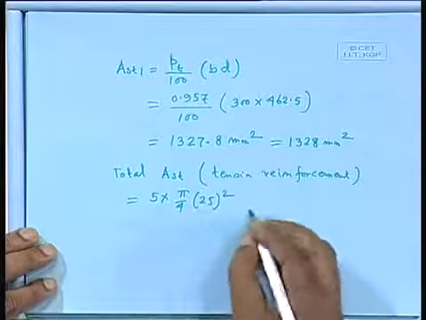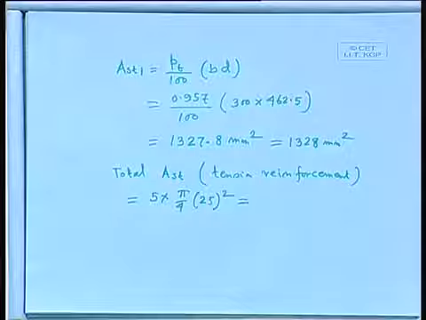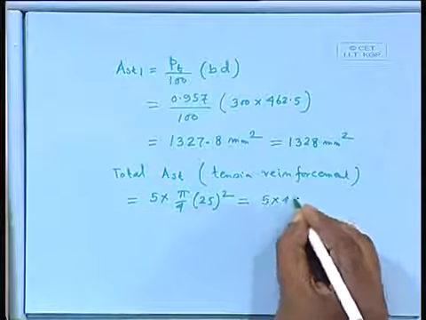Okay. So 5 into pi by 4 25 whole square, which comes as 25 into pi divided by 4 into 5. So I can write down as 5 into 490.